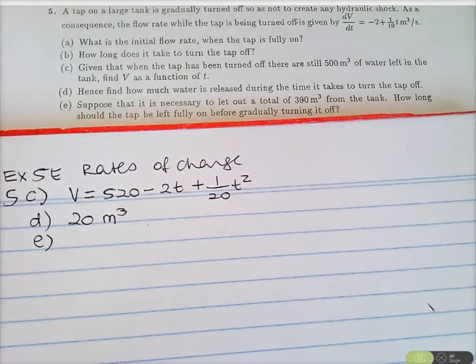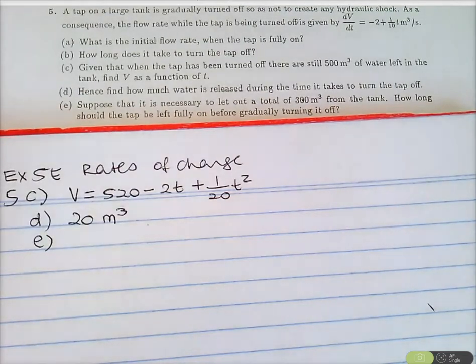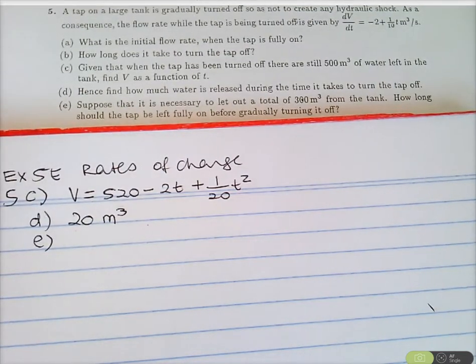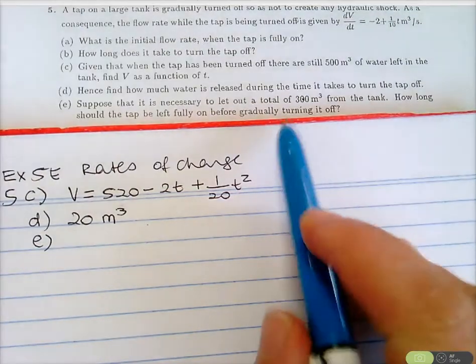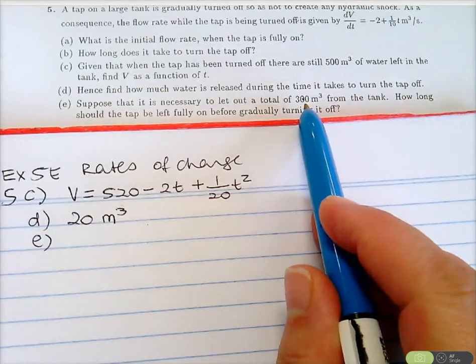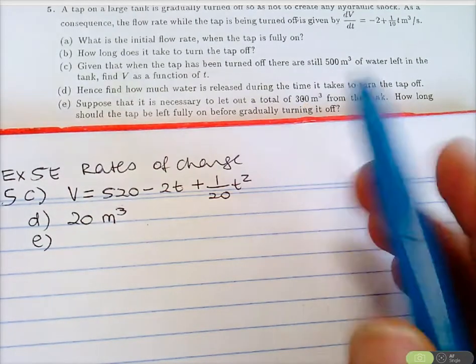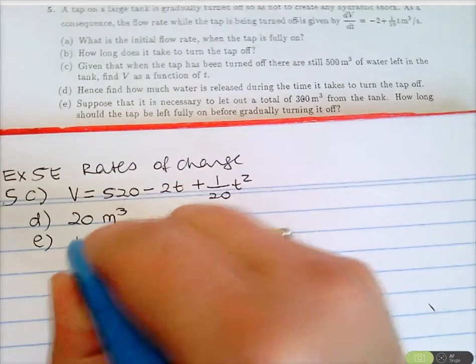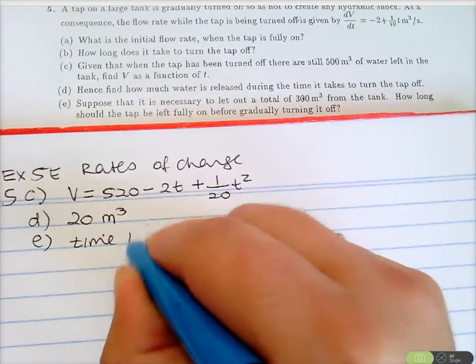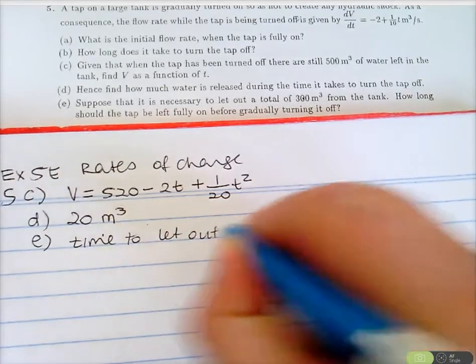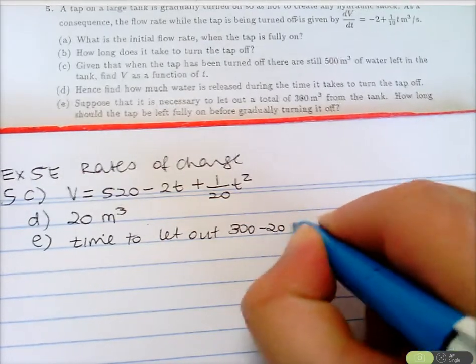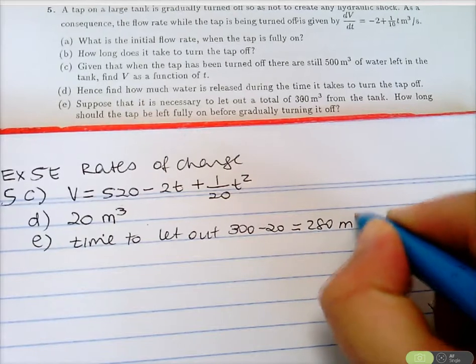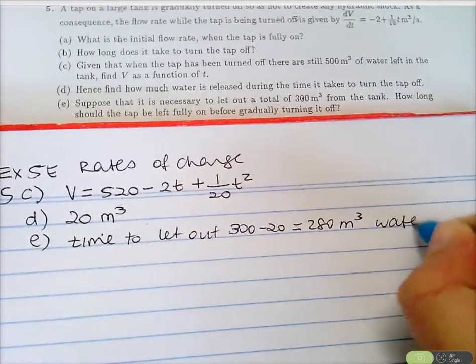Remember, if you decide you need to turn the tap off now, another 20 meters cubed of water will still come out. So you really just want to be working out how long it takes to let out 280 meters cubed. So we need to find the time to let out 300 minus 20, which is 280 meters cubed of water from the tank.